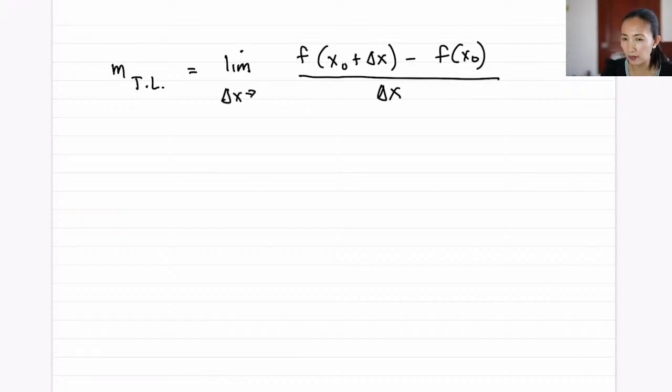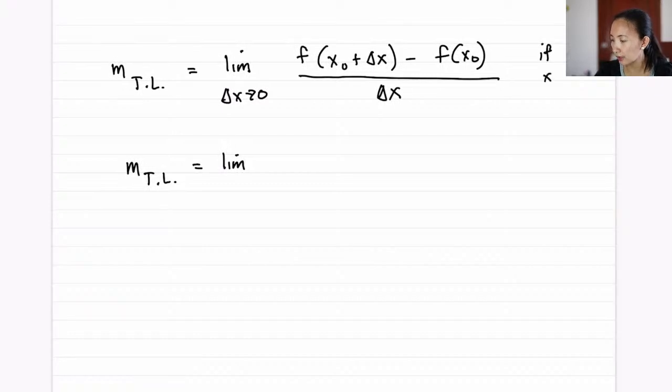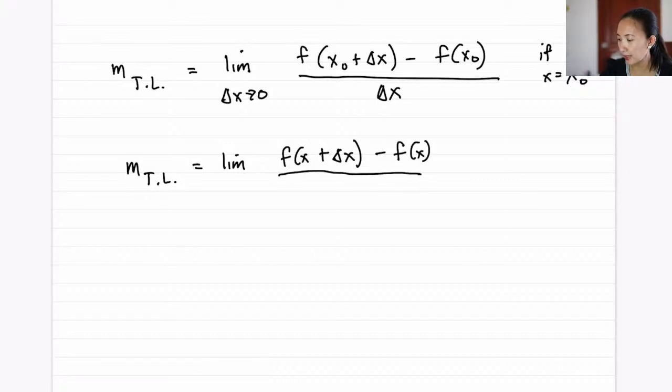So if x is equal to x naught, then we could rewrite this also as the slope of the tangent line is equal to the limit of f of x plus delta x minus f of x all over delta x as delta x approaches 0.